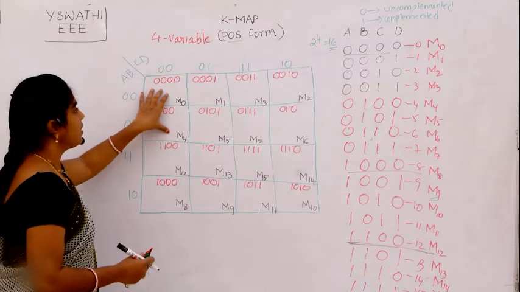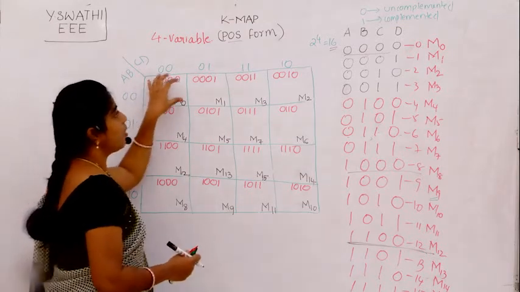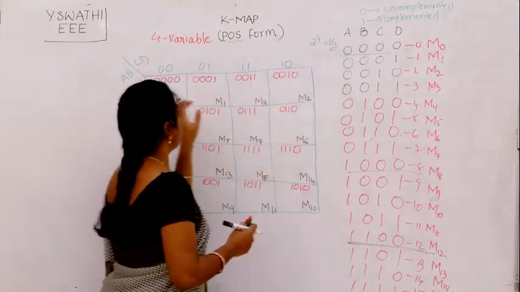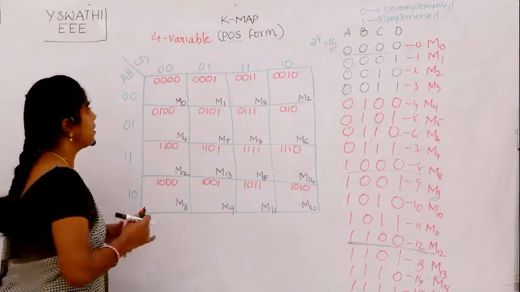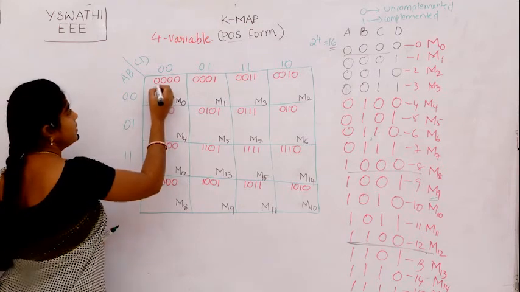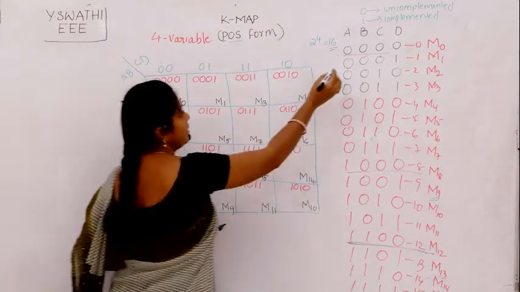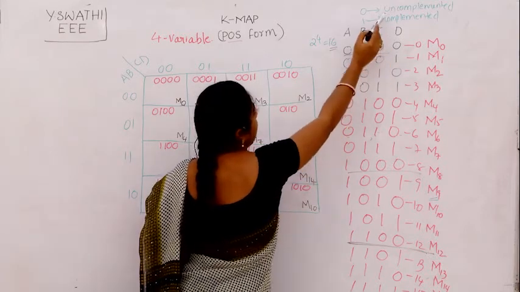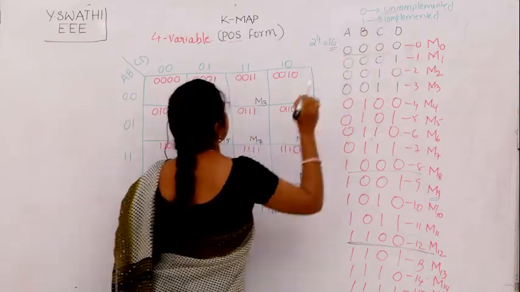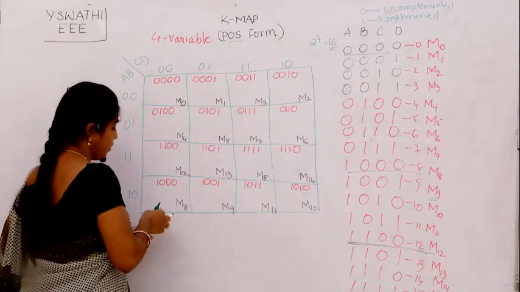Now we will represent each cell with the variable combination of A, B, C, D, that is the max term representation in terms of variables. Now 0000 means A, B, C, D all 4 are in uncomplemented form. So how do we represent it?